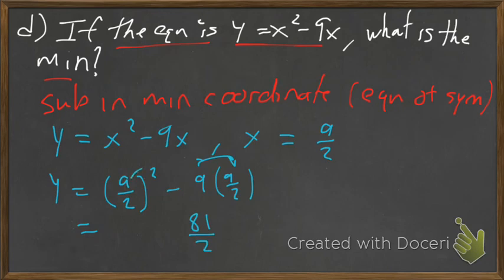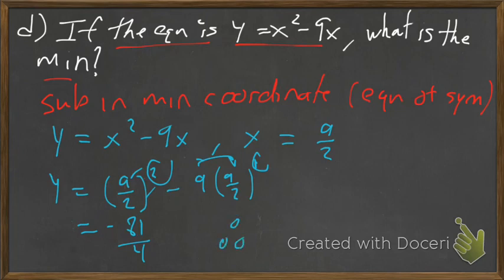And this, when I square it, it becomes 81 over 4. If I subtract these two, we end up with 81 over 4, but it's negative because our negative value is there.